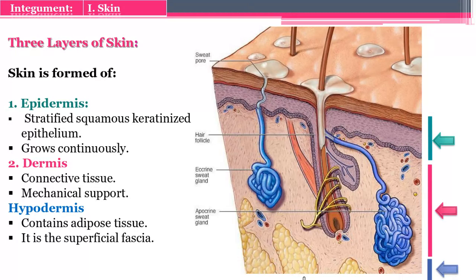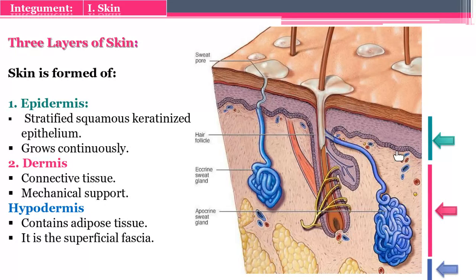See here in the pictorial presentation, this is the surface layer of the skin, and where I am showing you the pointer are the hair follicles, or the hair coming out of the hair follicles, and you can see the different glands present in the skin which we will study in the further slides. So the area from top to the basement membrane is the epidermis.